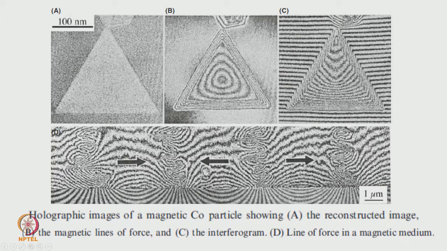Here you can see these fringe patterns and an interference pattern which are coming. This is the reconstructed image, and from this we can make out how the magnetic field is distributed within that sample as well as outside of that sample. All those information could be obtained.